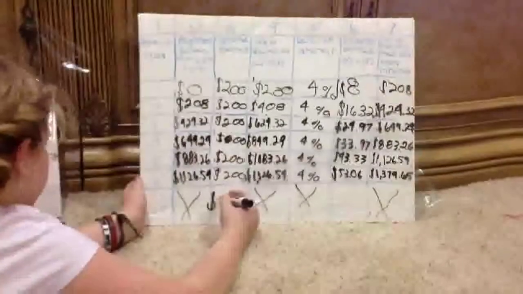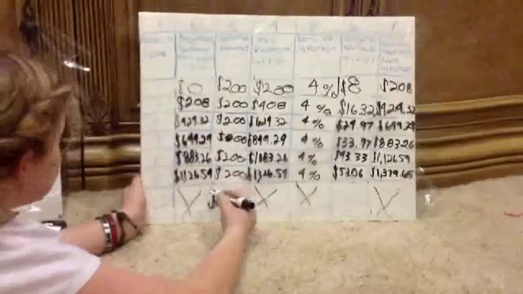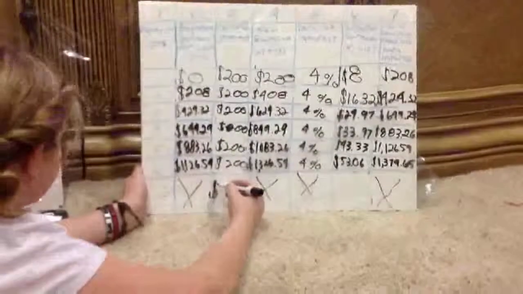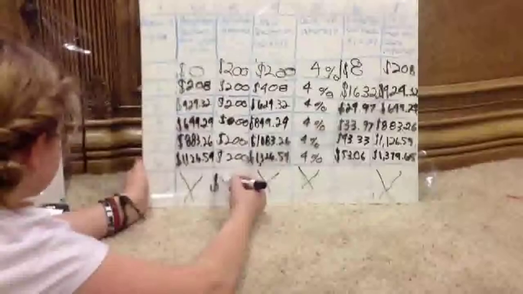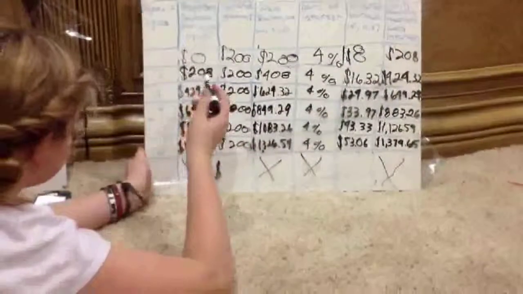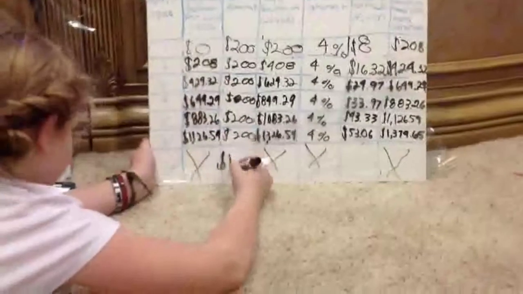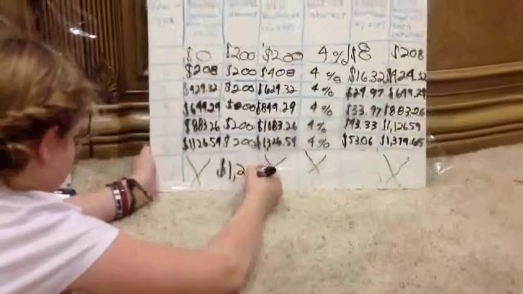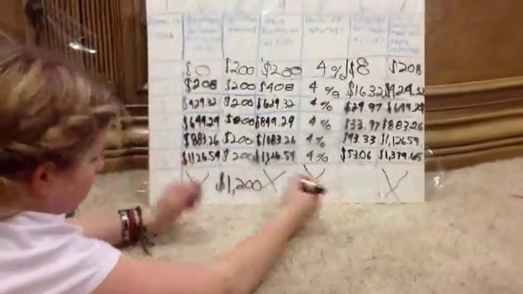Next will be our deposited amount. So what she deposited over 6 years, which she deposited $200 every year, so that would be $1,200.